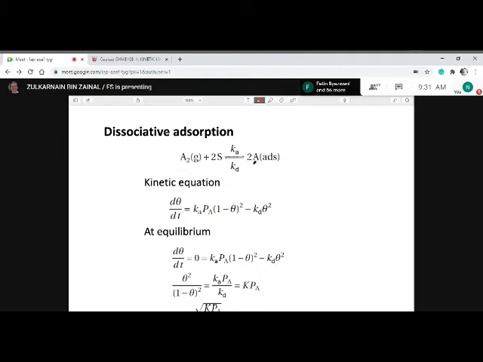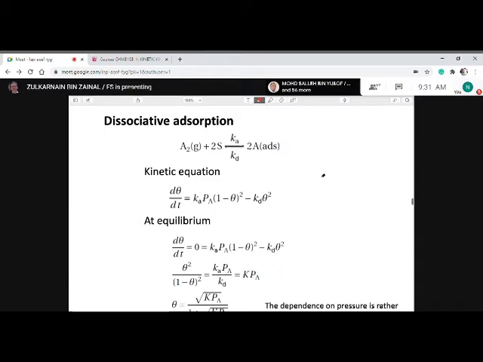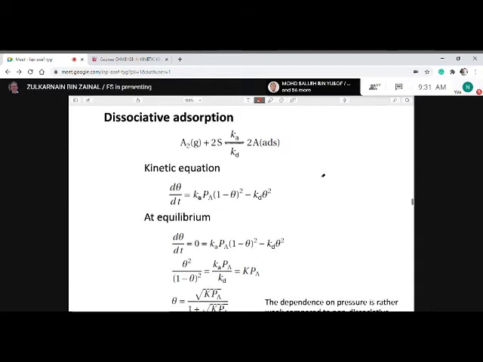Then the gas atom is adsorbed on the surface, right? So the one adsorbed on the surface is the atom, the gas atom. So this is the dissociative adsorption process.